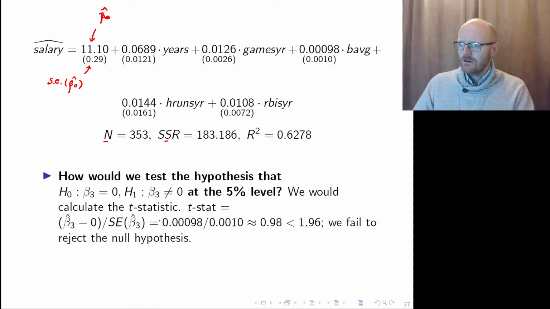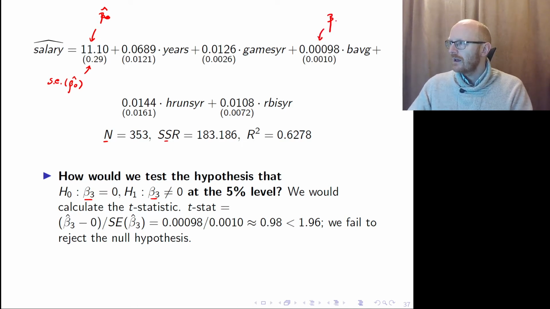Okay, so our first test is beta 3, the slope for batting average. Is the slope for batting average different from 0?